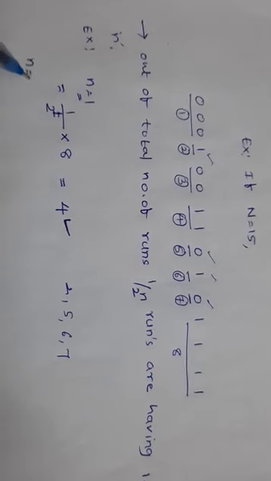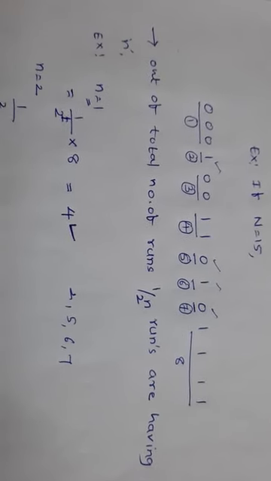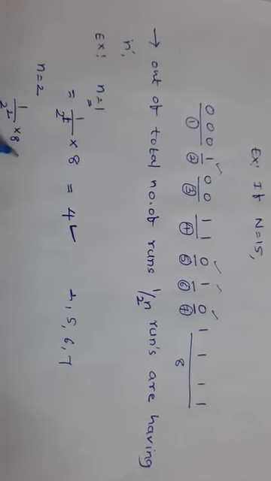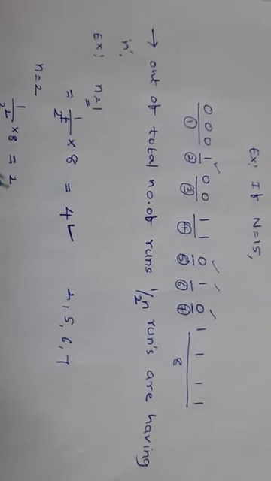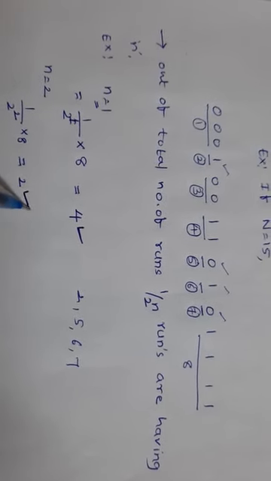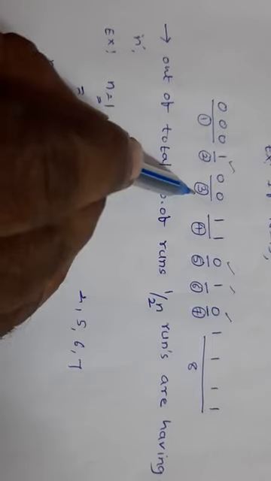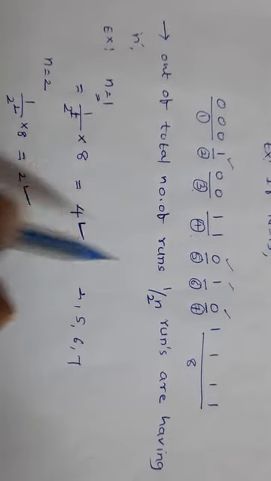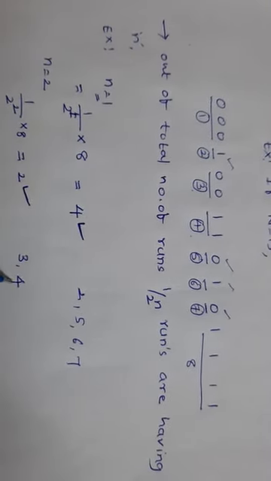Similarly, if n is equal to 2, 1 by 2 to the power of 2 into 8 is equal to 2. So 2 runs are having a length of 2. You see, 3 is a 1, 4 is another 1, so run 3 and run 4 are having a length of 2. Let's see another case.